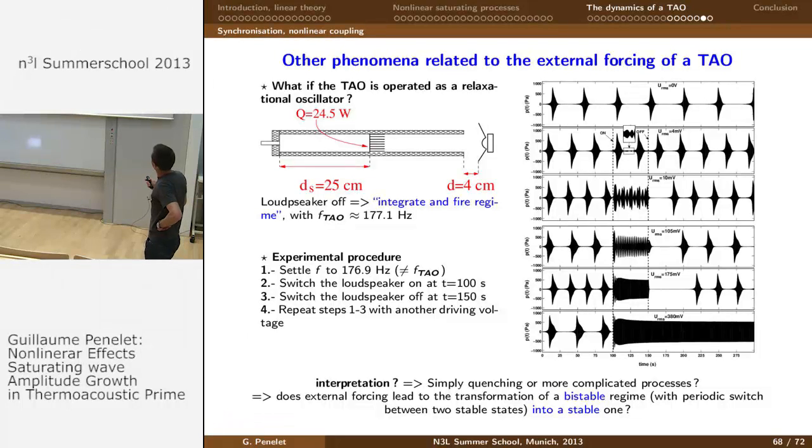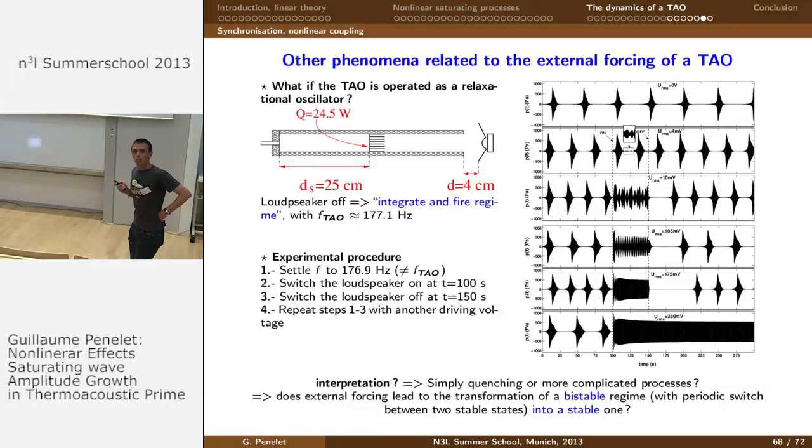And here we increase the amplitude of the loudspeaker voltage. So what we can see is at low amplitudes, there's nothing except that the wave does not switch off completely, and we have here a small quasi-periodic regime. For larger amplitude, we can observe synchronization. So the thermoacoustic oscillator will shift its frequency to that of the loudspeaker.